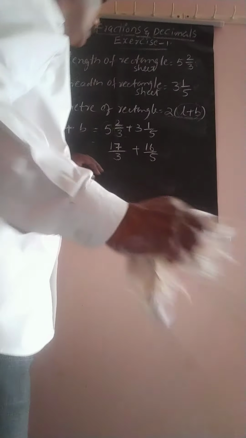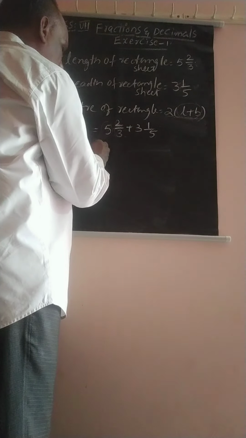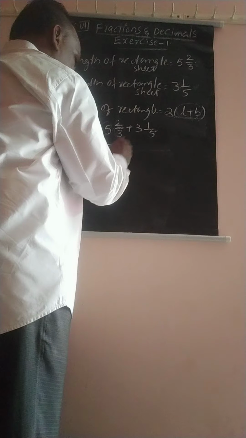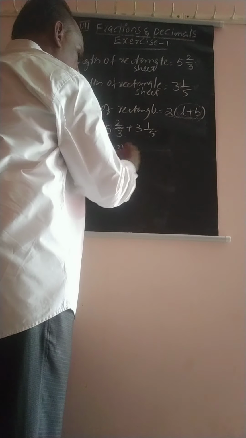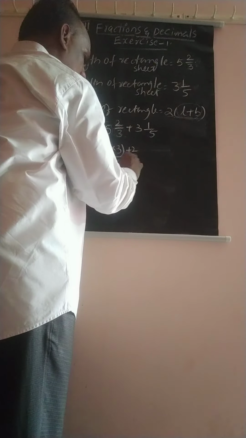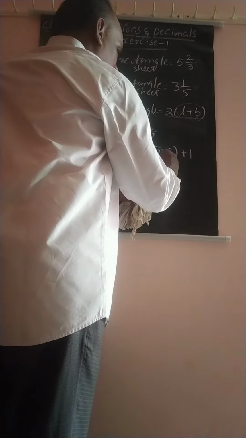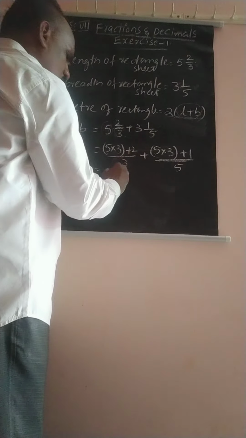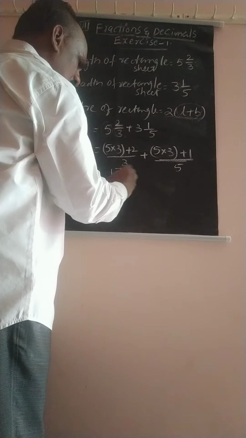Now, if you understand, I want to write it more clearly. Here 5 into 3 plus 2 by 3, plus 5 into 3 plus 1 by 5. 5 threes are 15 plus 2, 17 by 3.